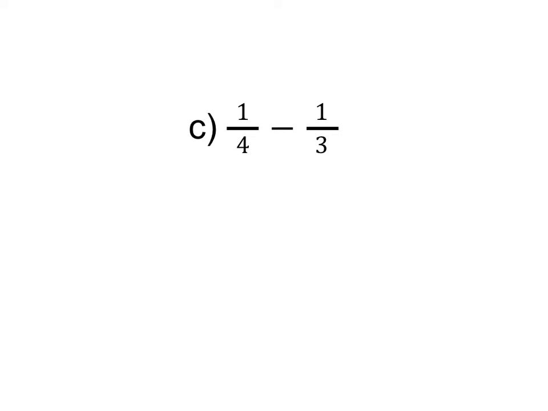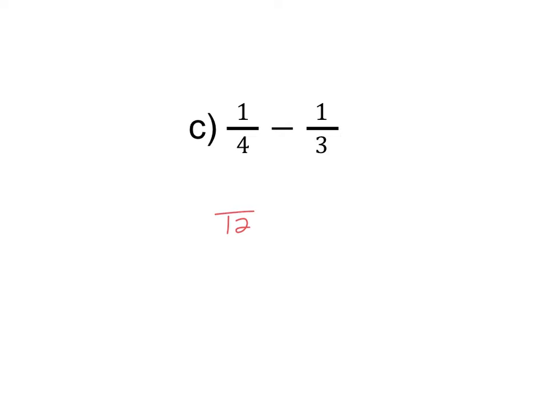So now we are minusing 1/4 and 1/3. Could I multiply 4 by something to get it to 3? No. Well, it's going to be a fraction, so no. Or can we multiply 3 by something to get it to 4? No. So what is the least common multiple of 4 and 3?